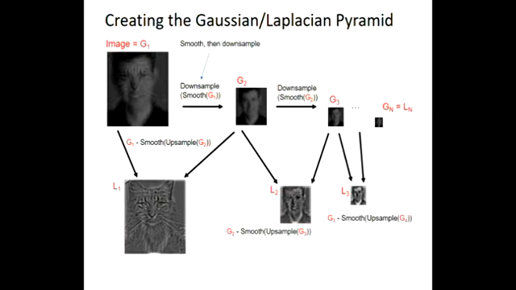The reason why we smooth and upsample, say, G2 and subtract that from G1, instead of just subtracting the smoothed G1 from the original G1, is that it makes the reconstruction lossless.